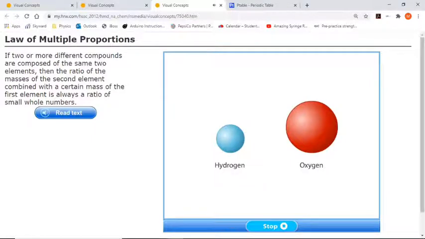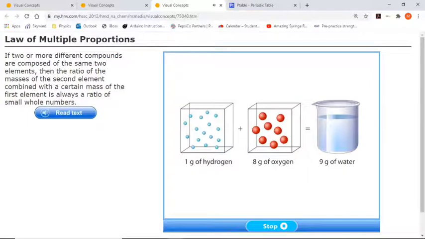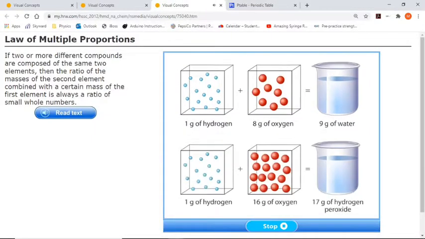This law can be demonstrated using two compounds formed from hydrogen and oxygen, water and hydrogen peroxide. A 9-gram sample of water results from the reaction of 1 gram of hydrogen gas with 8 grams of oxygen gas. A 17-gram sample of hydrogen peroxide results from the reaction of 1 gram of hydrogen gas with 16 grams of oxygen gas.